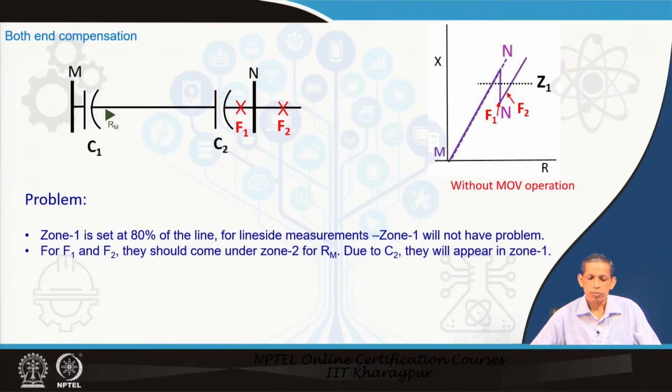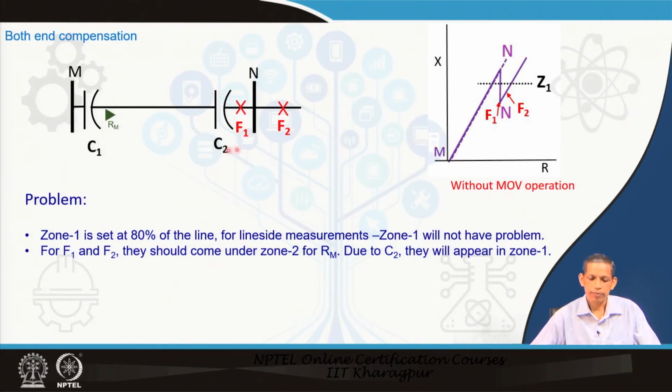Now, if you see the corresponding impedance in the R-X plane, at this point there is a dip, the corresponding C1 value, then the line impedance, the whole line impedance increases like this, and then again a dip for the C2 portion, and then an increase beyond that, towards N.